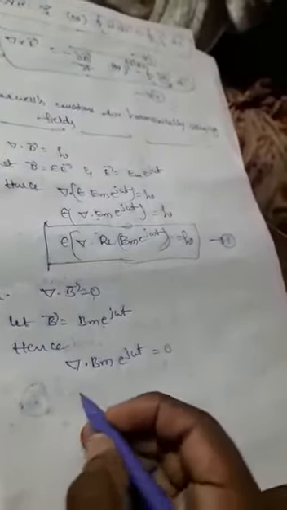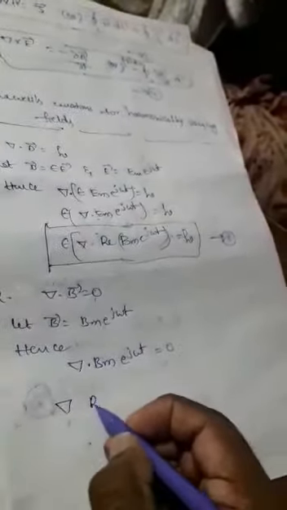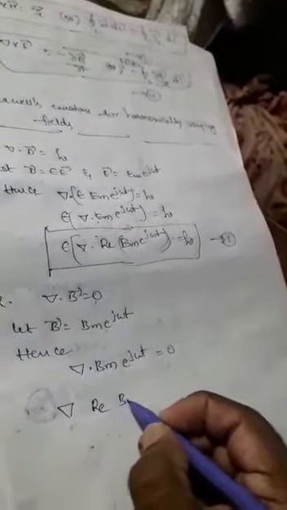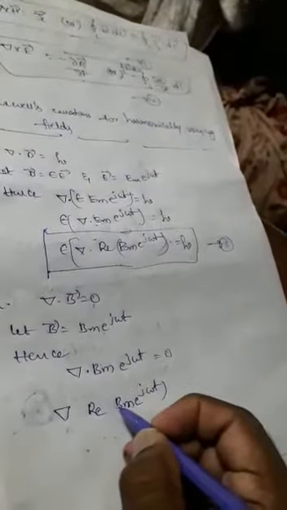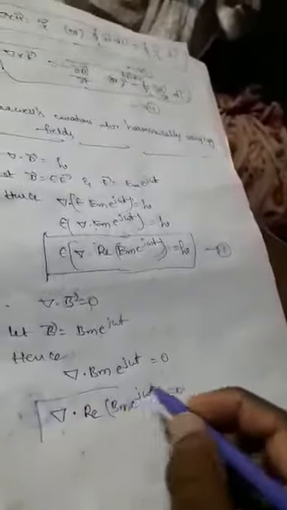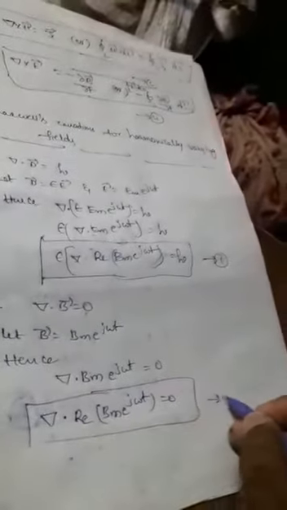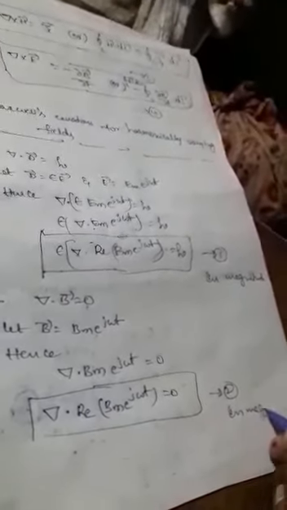Then we will consider the real part of Bm into e power j omega t for the magnitude analysis. That is equation number 2 in magnitudes.